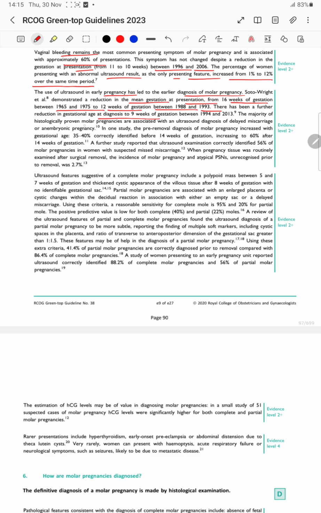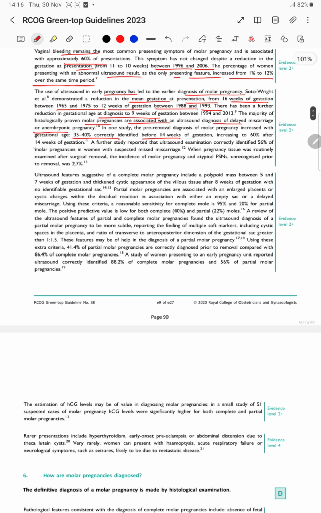The majority of histologically proven non-molar pregnancies are associated with an ultrasound diagnosis of delayed miscarriage or an embryonic pregnancy. In one study, the pre-removal diagnosis of molar pregnancy increased with gestational age: 35 to 40% were correctly identified before 14 weeks of gestation, increasing to 60% after 14 weeks.